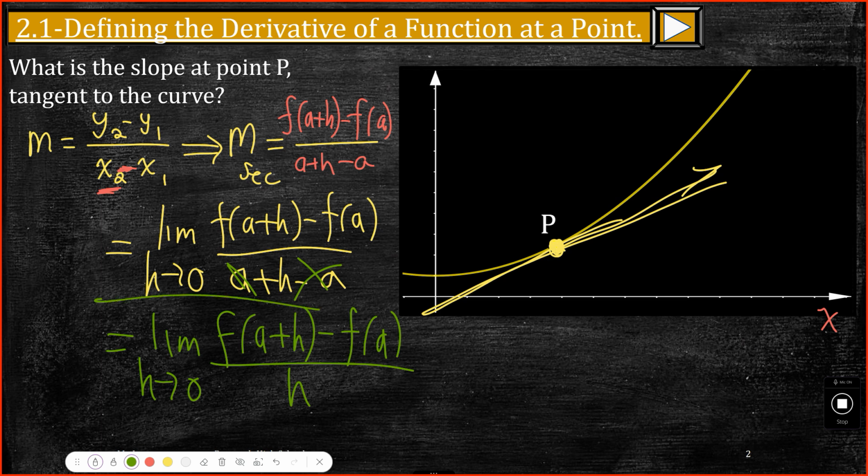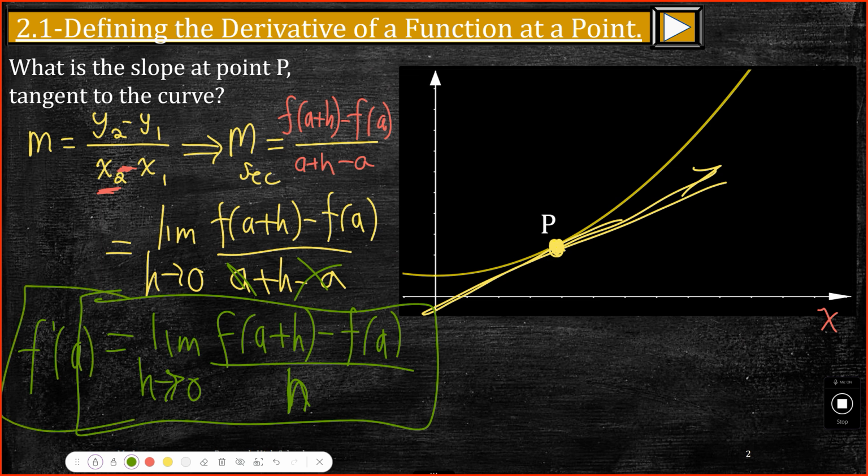The problem is that if it is 0, then it would all break down. So it's the limit as h approaches 0, but not being 0. And that would be the derivative at point a, f prime of a. And this is what the derivative is. That gives you the derivative at a point.